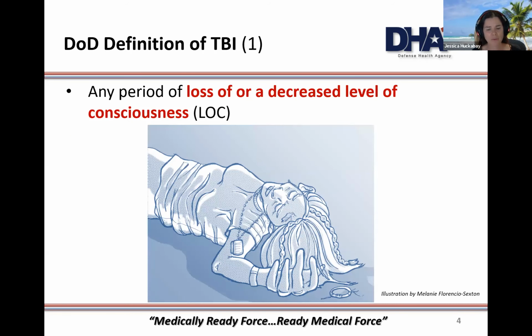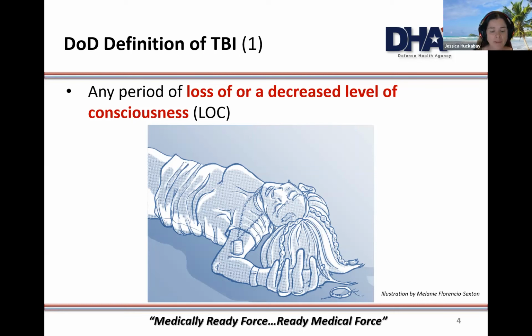So let's define how we can determine if somebody's had a traumatic brain injury or concussion. One of these clinical signs that the medical staff is going to be looking for is a decreased level of consciousness, or they may refer to it in your medical chart as an LOC, loss of consciousness. Any period of loss of consciousness can indicate that you've had a concussion or a more severe form of traumatic brain injury.